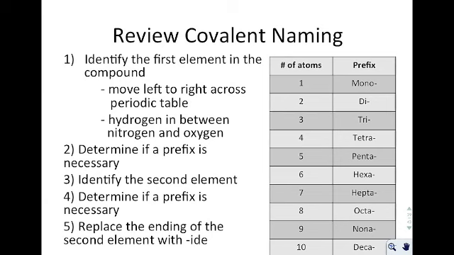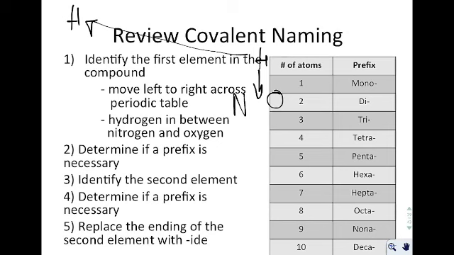Now you also need to review covalent naming. You are also responsible for this and should be able to name any sort of covalent compound. Remember that first you identify the first element in the compound, moving left to right across the periodic table. But it is kind of tricky because hydrogen fits in between nitrogen and oxygen. So you've got nitrogen and oxygen, and actually hydrogen goes in between, even though hydrogen's really in the top corner on the periodic table.